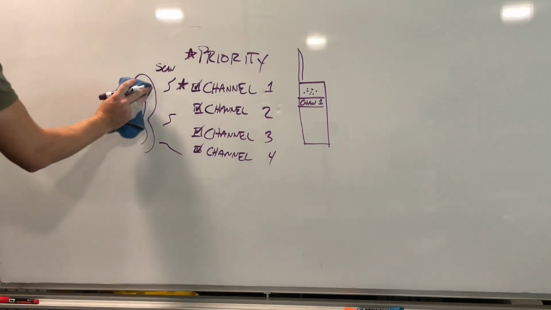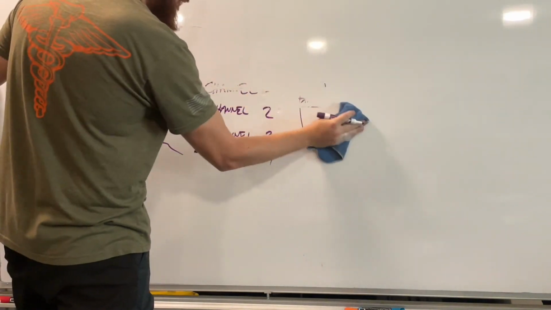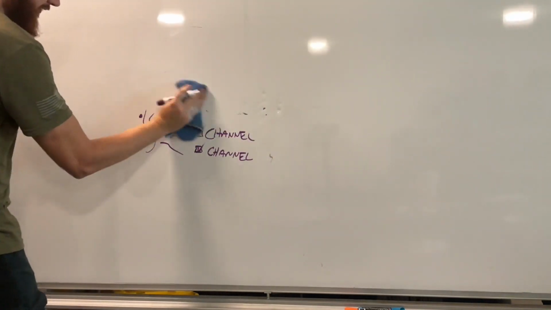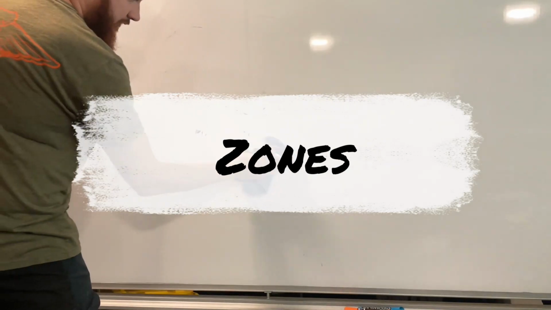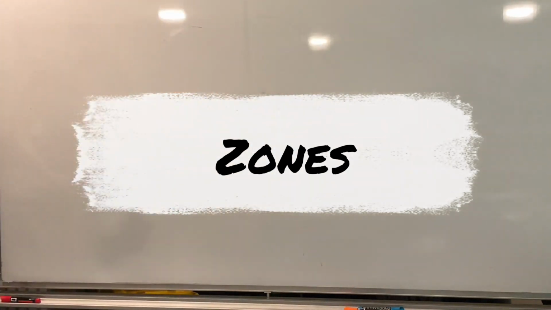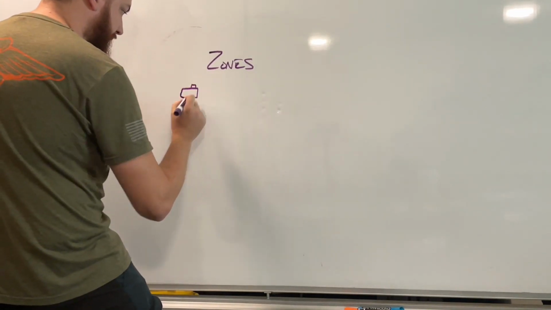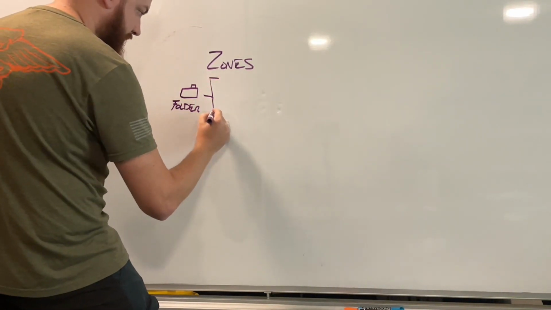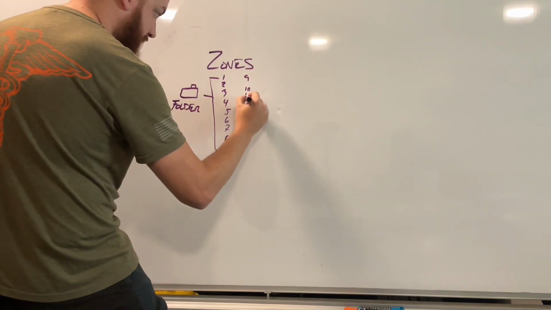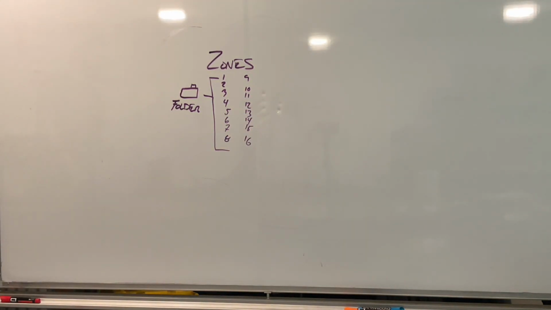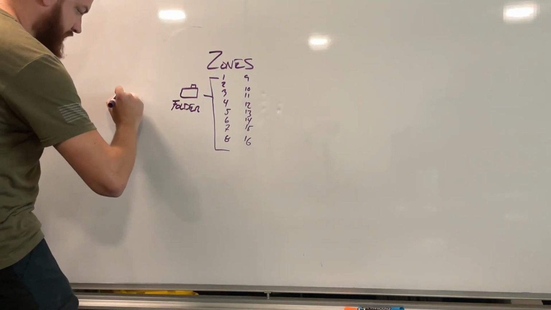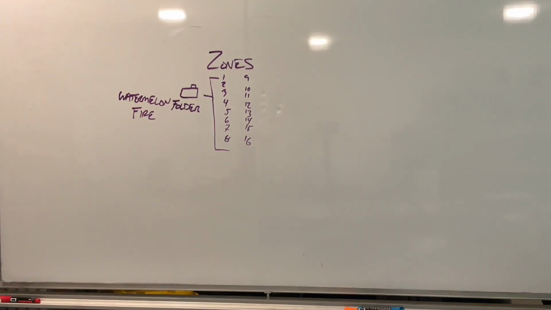So now that we've talked about a scan list and priorities, let's talk about zones. A zone is a programmed list of 16 channels. Think of it like a folder on your computer that holds 16 individual documents. That folder will be named for the fire, let's say the watermelon fire. You click on the watermelon fire, and it'll open up 16 documents.